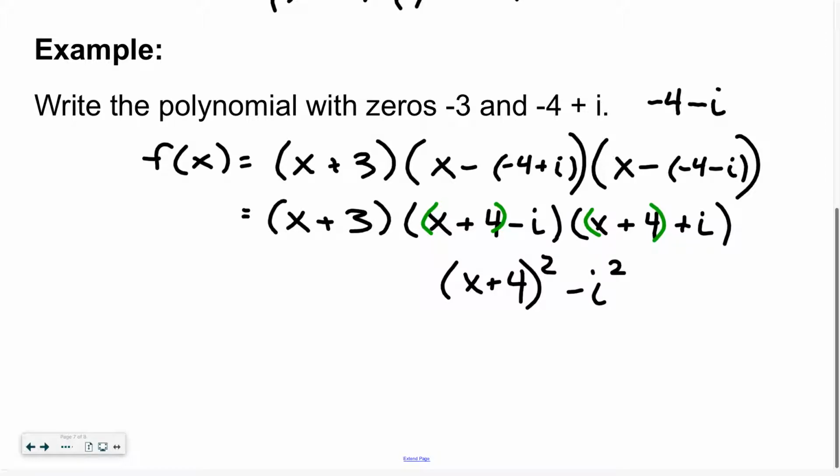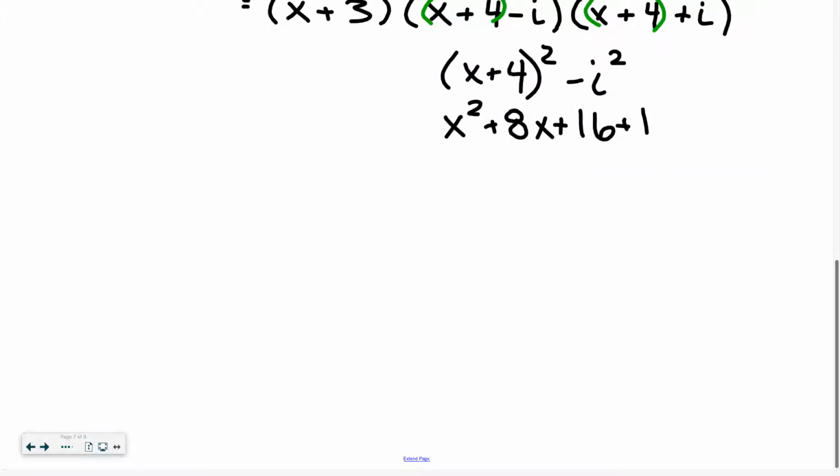Negative i times positive i is negative i squared, which is really negative negative 1, which is really plus 1. So this is x squared plus 8x plus 16 plus 1. So x squared plus 8x plus 17.